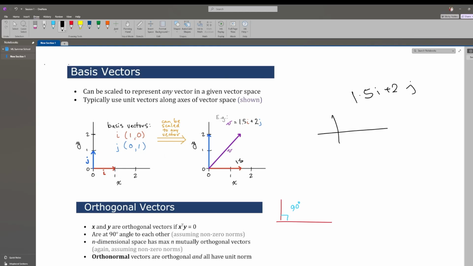If we multiply (1, 0) by 1.5 plus (0, 1) by 2, we would get exactly the thing. For i and j, this is i, this is j.